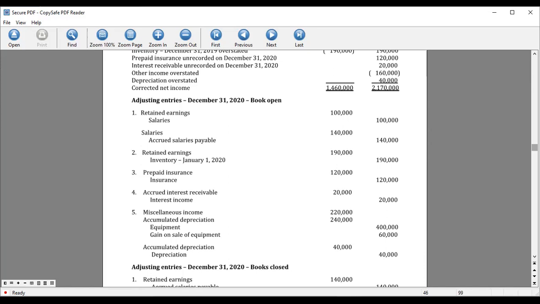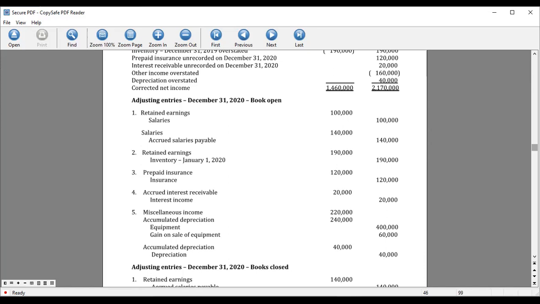Then we debit accumulated depreciation for 240,000. We have to close the account because the equipment was already sold. Then we credit equipment at cost of 400,000.